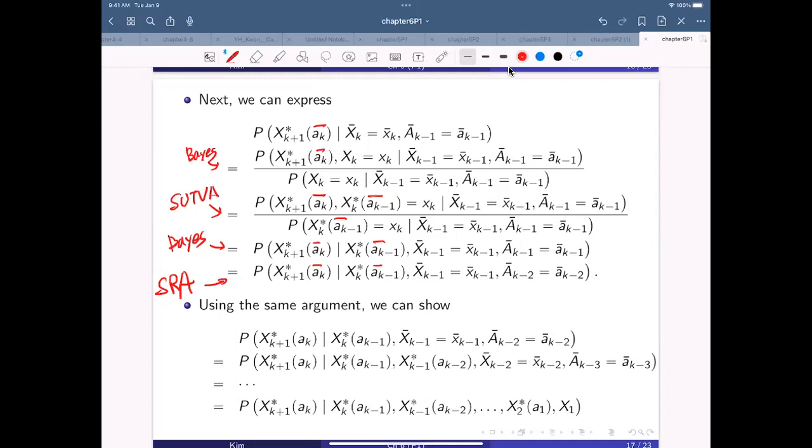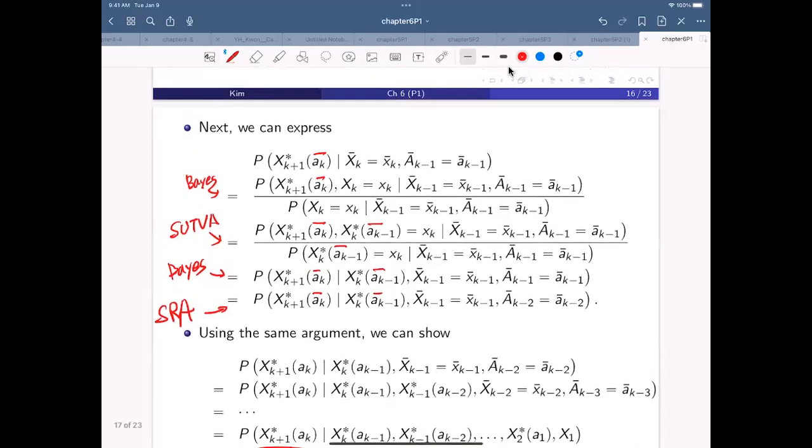So eventually we can express everything in terms of potential outcomes. That is the goal. But to achieve this, I have to go through these steps.